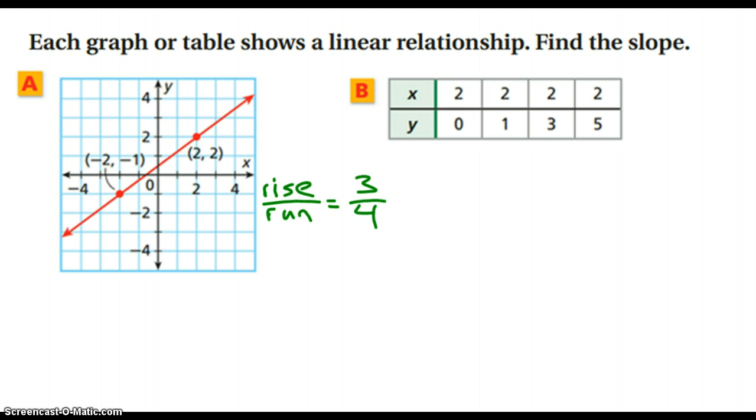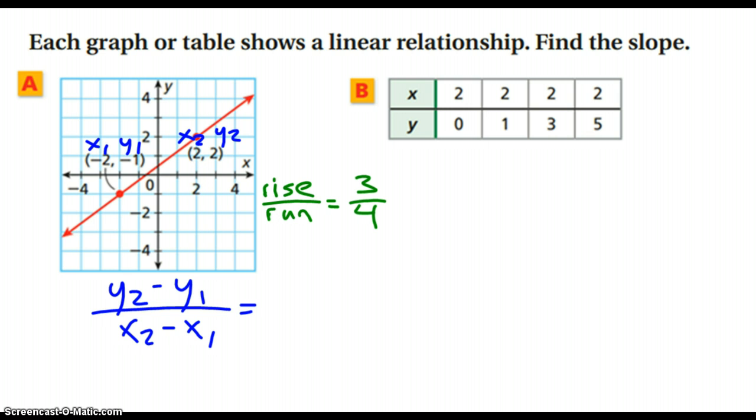So if we use the formula, we'll go x1, y1, x2, y2. Okay?